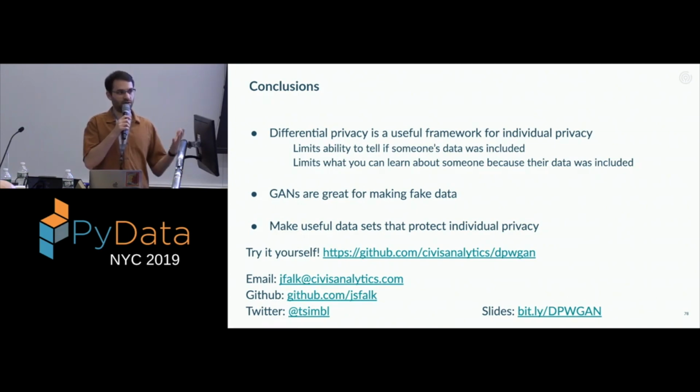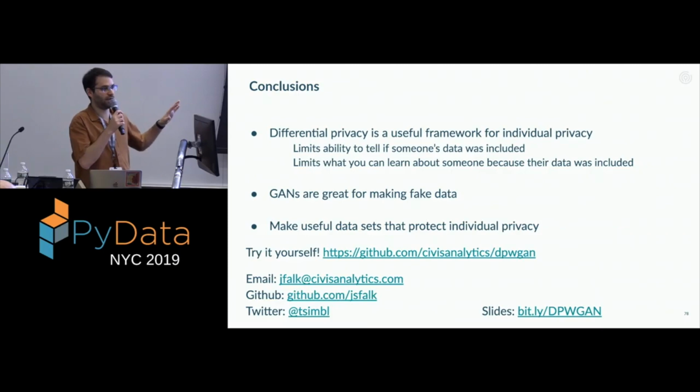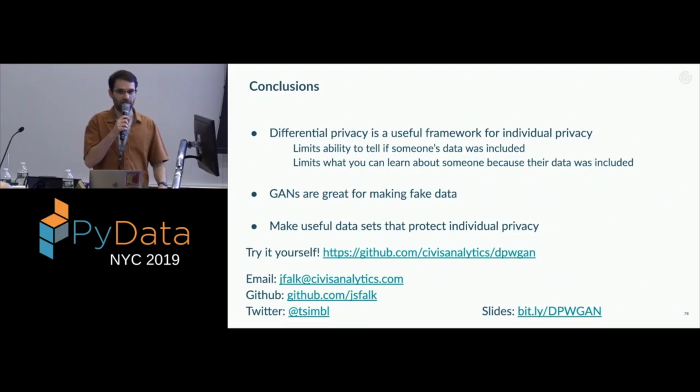Some networks are going to require more noise, and that might mess with your utility a bit. But the package is written in a way that you can throw in any PyTorch module that you want, so it's easy to experiment with other types of networks.